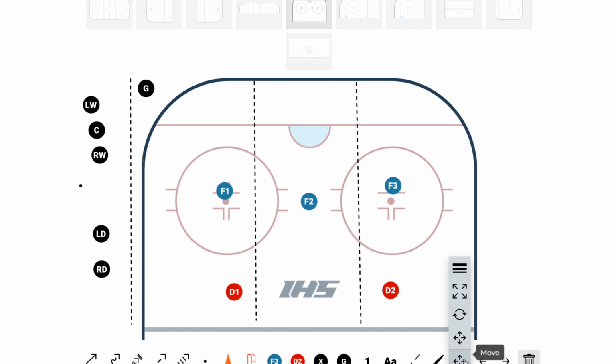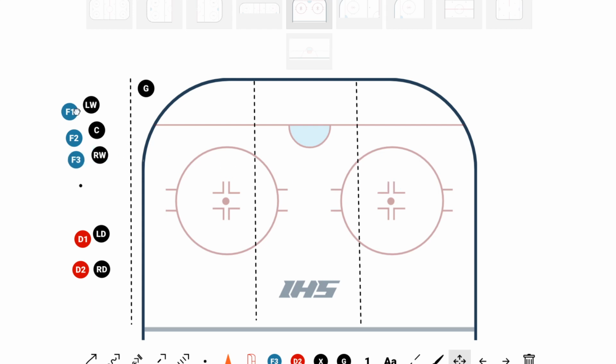And just to go back to the original positions, let me give you some examples of why you may want to throw this out the window. So let's say you are a right wing coming down the boards with the puck, and your teammate, the center, says, okay, I only want to be in the middle of the ice.